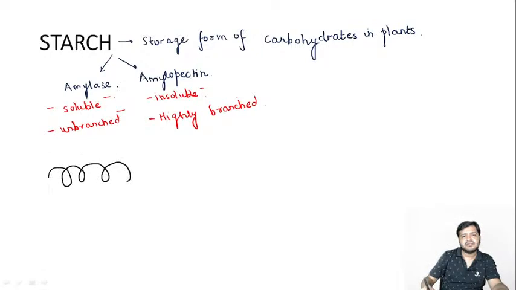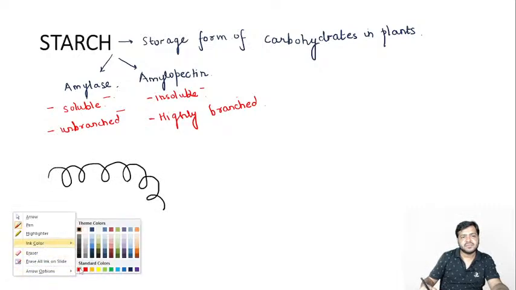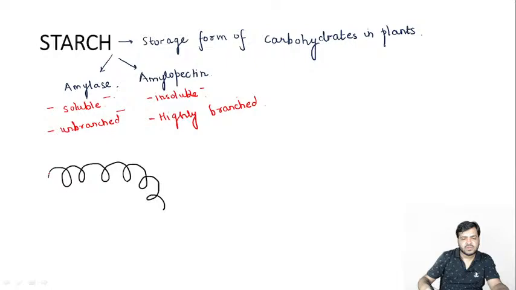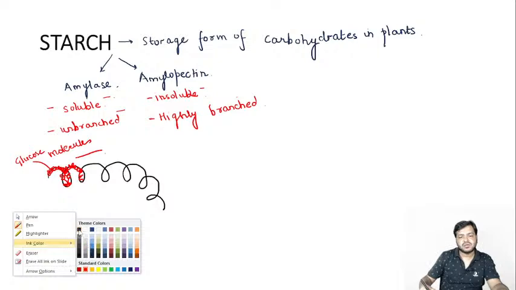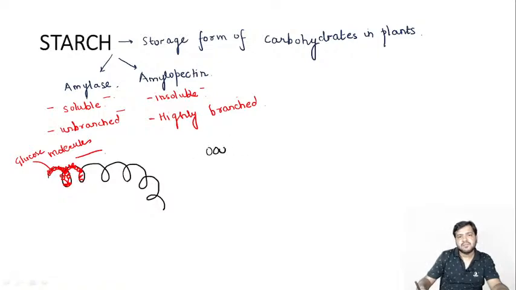Okay, so amylose is somewhat like a structure like this. It is not branched. Basically all the glucose molecules are present in this particular fashion. These are the glucose molecules. And if we talk about amylopectin, remember that it is a highly branched structure.